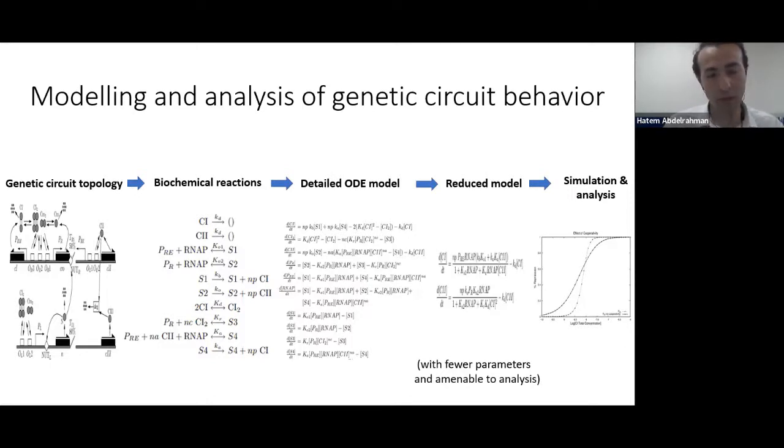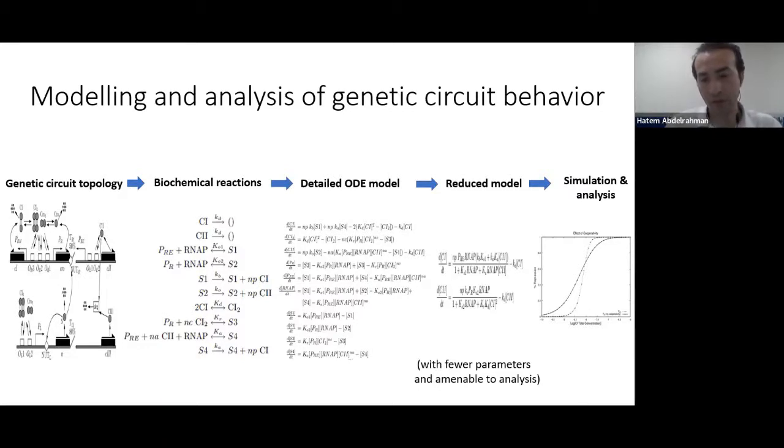We start basically with the genetic circuit topology, which is the regulatory structure of the regulatory interactions in the circuit, and we make a list of the biochemical reactions that happen in this genetic circuit. We use these biochemical reactions to construct a mathematical model, which can be reduced using different strategies and then simulated.